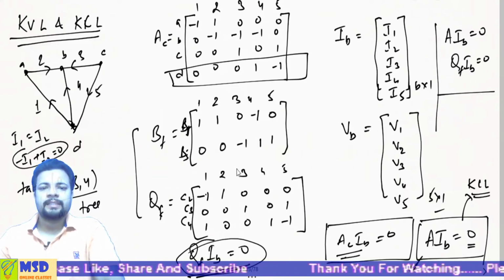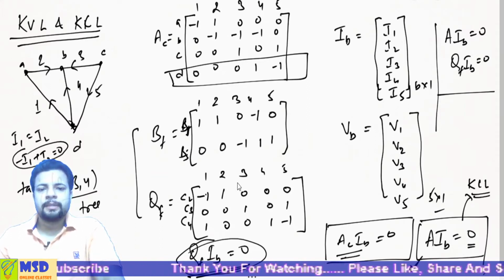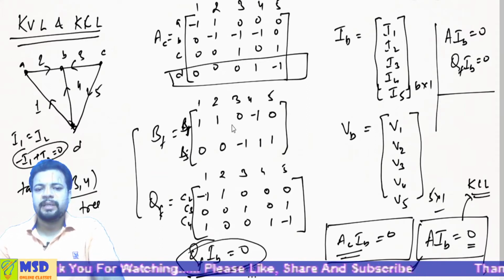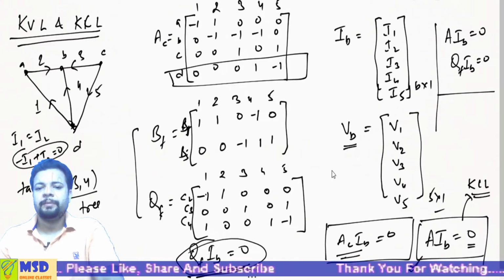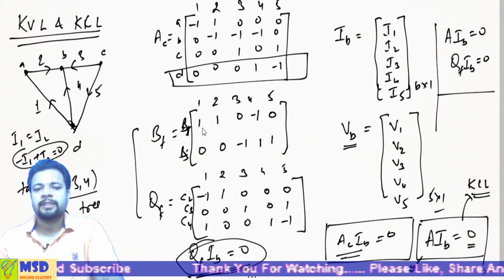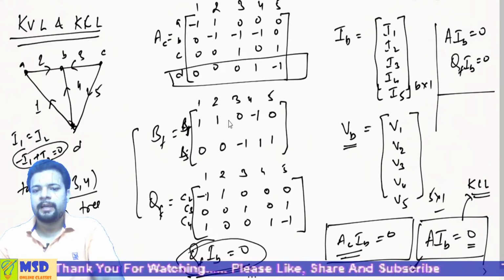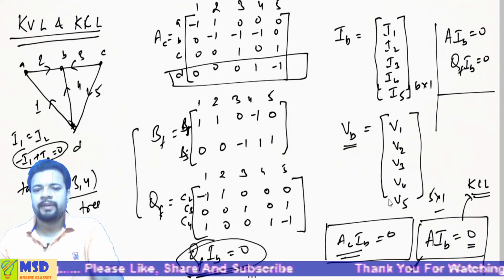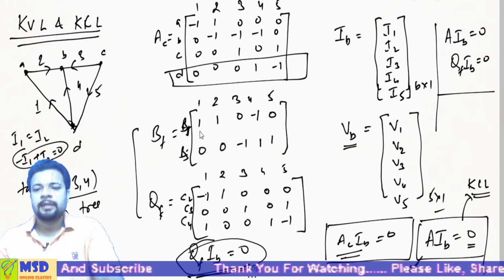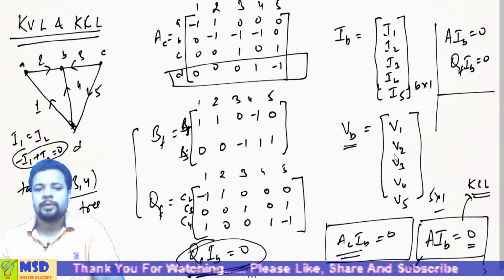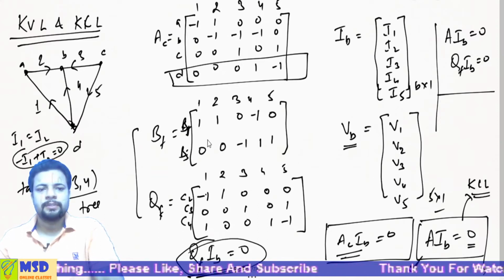Now next, let us multiply this BF matrix with VB. What we can observe here is, if we multiply this row with this column vector, we'll get V1 plus V2 minus of V4.